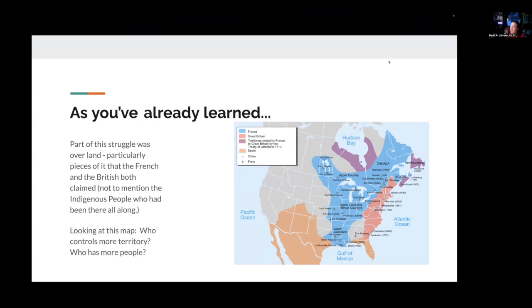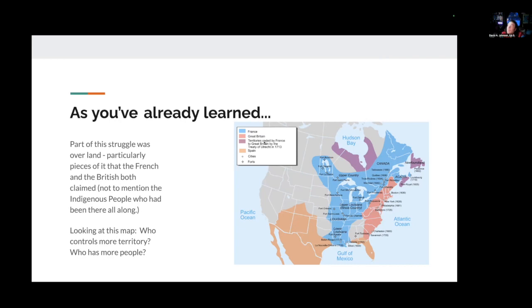And if you look at it, you can notice there are some issues that are definitely going to rise up. You've got the French sort of in this interior corridor there. You've got the British along the coast. You've got the Spanish sort of filling in wherever else. And all of this is going to be destined for some form of conflict as groups start to go, hey, I kind of want to come over here too.